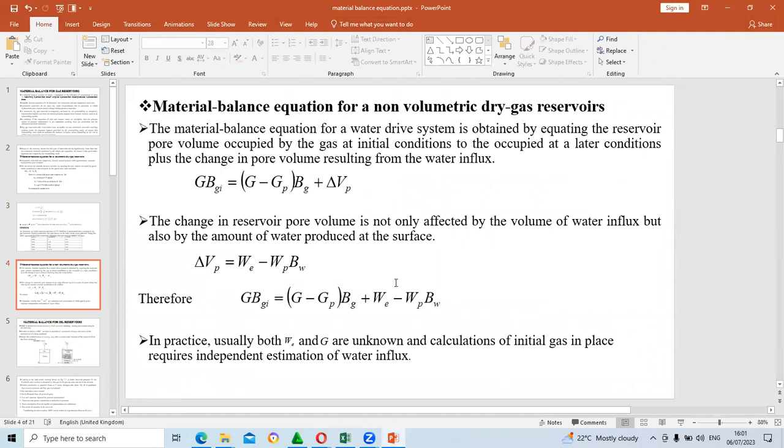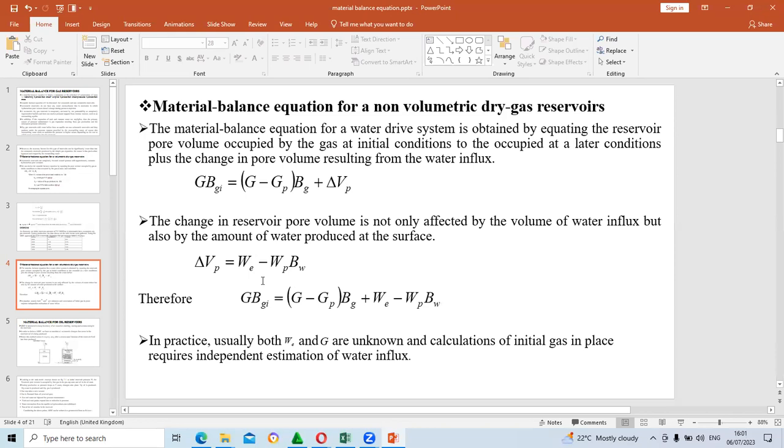For a gas reservoir, we may also have a non-volumetric case. A non-volumetric case is a situation where, as you're removing the gas, part of the volume is occupied by an influx of water from the aquifer into the reservoir. So it means that apart from the space occupied by the remaining gas, we also have water that is coming in.